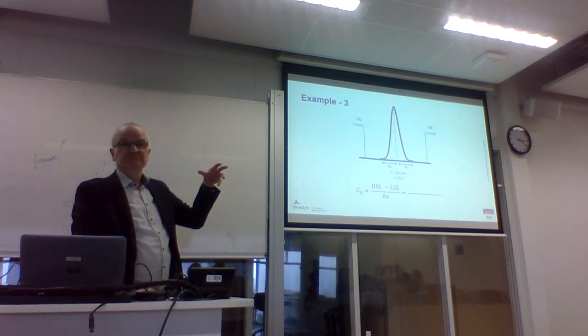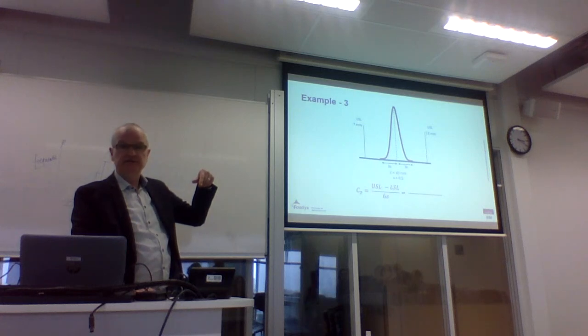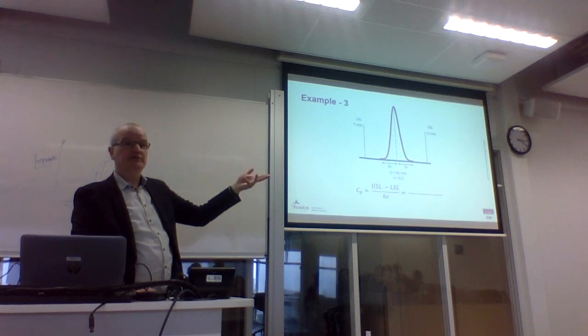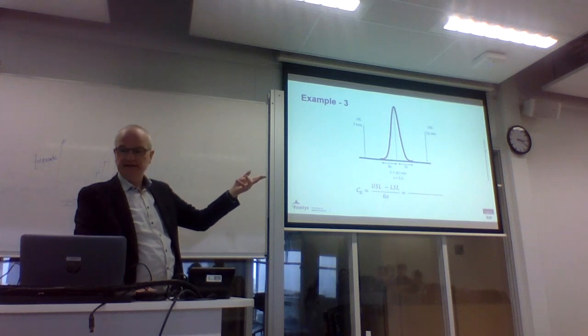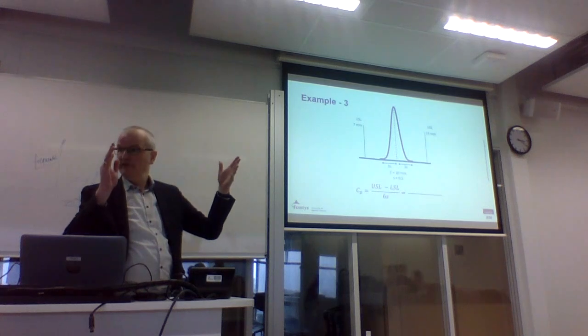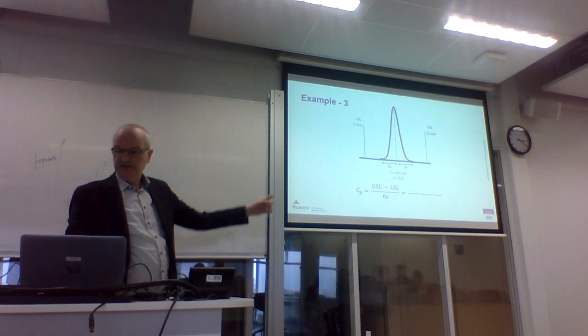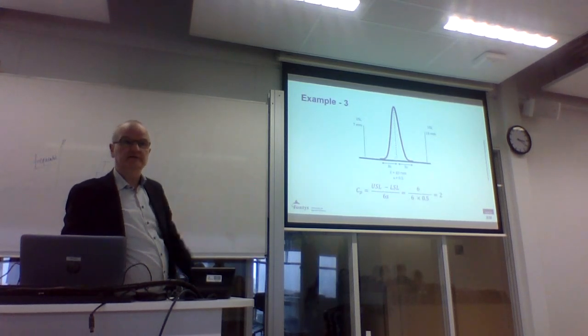If my S would be 0.5, with an average of 10, then this is a very good process, right? This really fits nicely what I require. The probability that I ever produce a product that's outside of the specification is really low, as long as my process stays in control. If you calculate, this is the outcome.